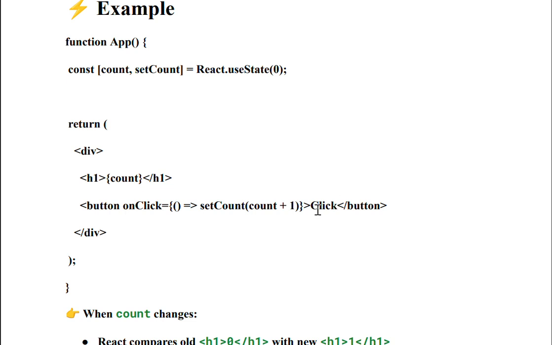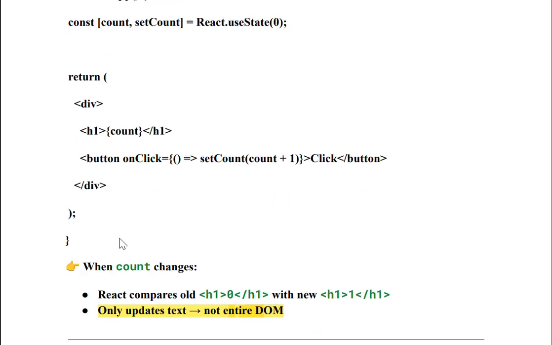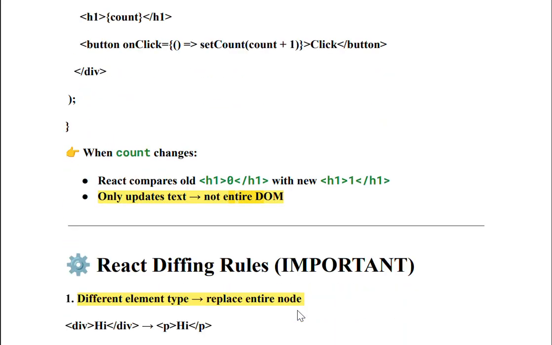On clicking it, count will increase by 1. When count changes, React compares the old h1 with the new one. What has changed? Only the count, not the entire node. So it will update only the text, not the entire DOM.